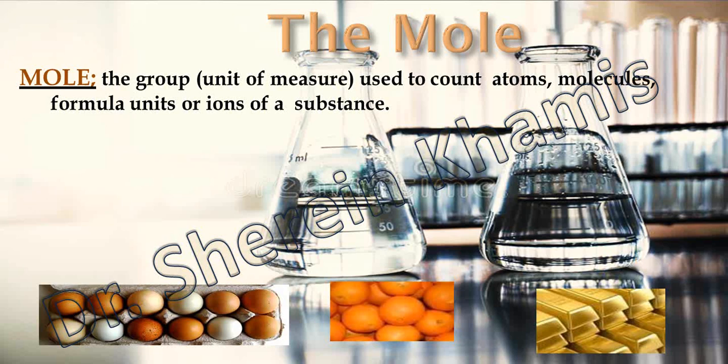I want to measure each one of them, so one of the scientists collected them in a group and took a unit for measuring them. We called it the mole. So the mole is the group or unit of measure used to count atoms, molecules, formula units, or ions of a substance. This is the meaning of the word mole.